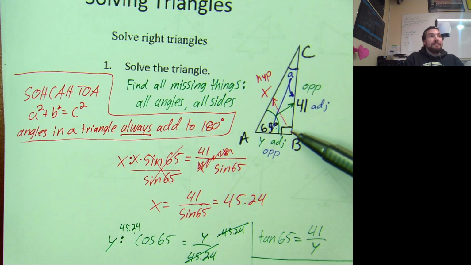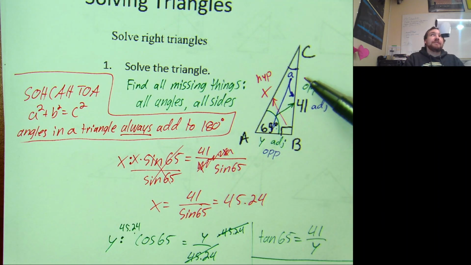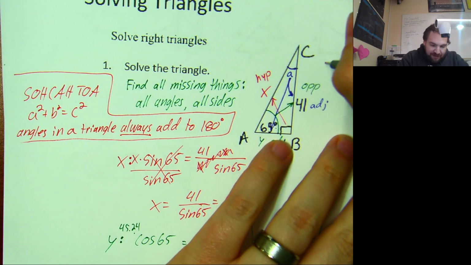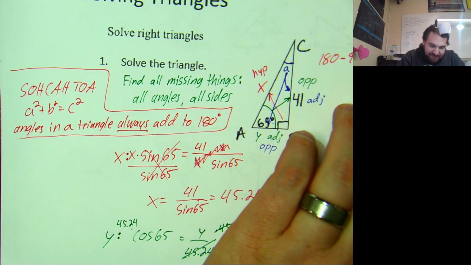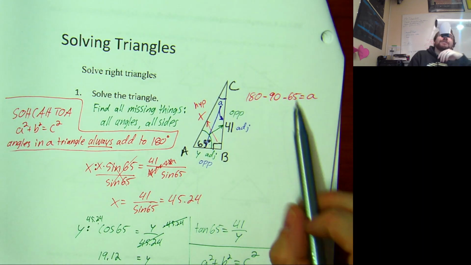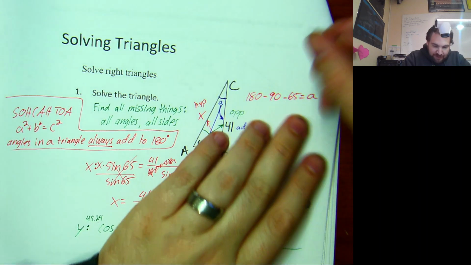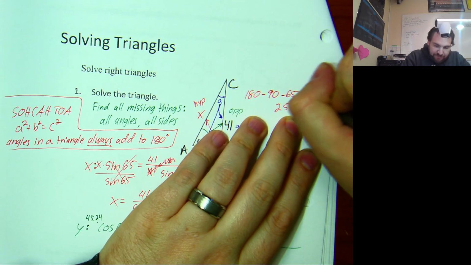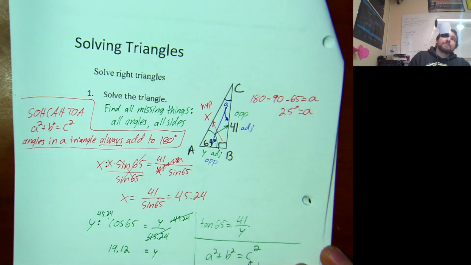So 180 minus 90 is 90, and 90 minus 65 is 25. 180 minus 90 minus 65, and if you want to shove that into your calculator, you're welcome to do that. But this is a real easy way to do this as well. And that's going to equal 25 degrees.